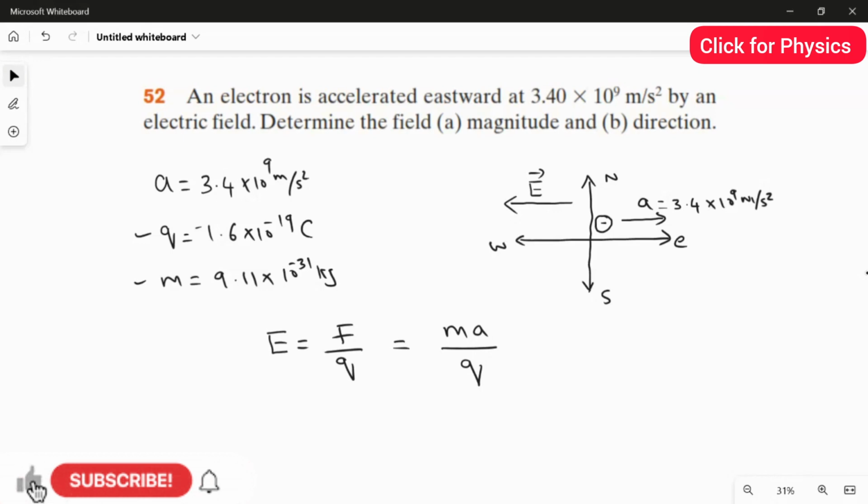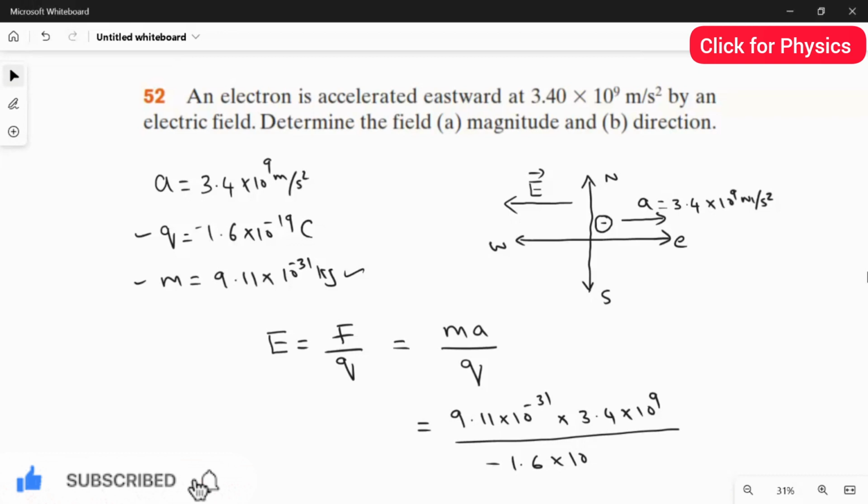Now I substitute the mass of the electron, which is a constant, 9.11 multiplied 10 power minus 31, the acceleration given in the question as 3.4 multiply 10 power 9, and the charge of the electron, minus 1.6 multiply 10 power minus 19.